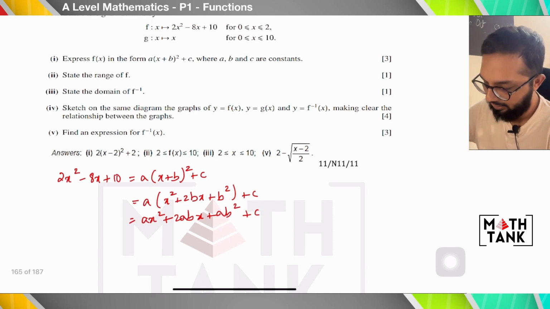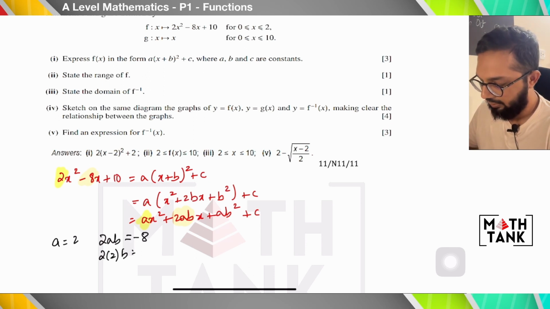So a is equal to 2. Then 2ab equals minus 8, so b equals minus 2.